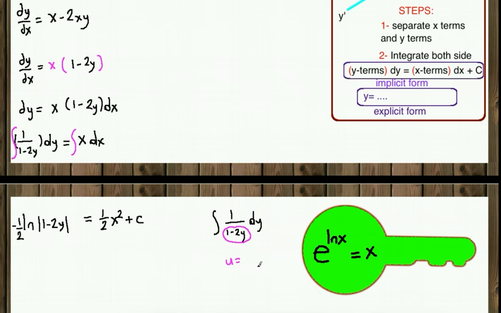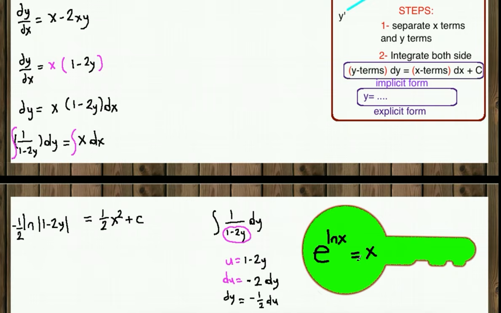So u equals 1 minus 2y. Then du is the derivative of 1 minus 2y, which is negative 2 dy. If we solve for dy, we get dy equals negative 1/2 du.